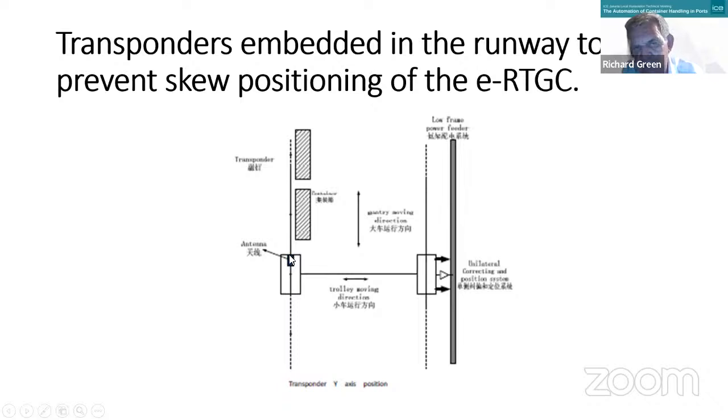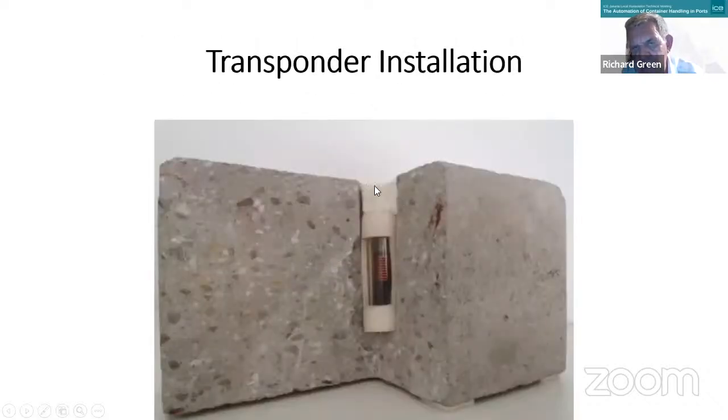So in here we have an antenna, and in the concrete pavement we have a transponder, and the antenna picks up the transponder, which helps it position from the remote side of the camera system, which sets the position of the RTGC. So this system helps prevent it from crabbing and makes it always perpendicular to the runways.